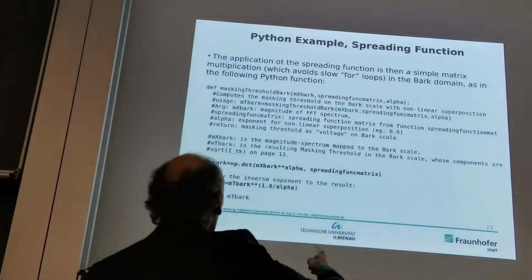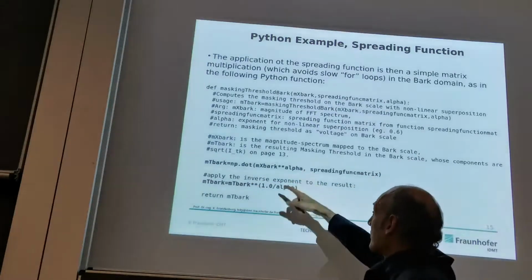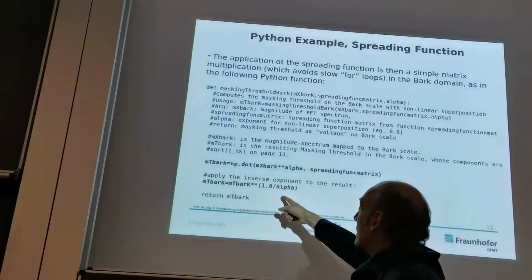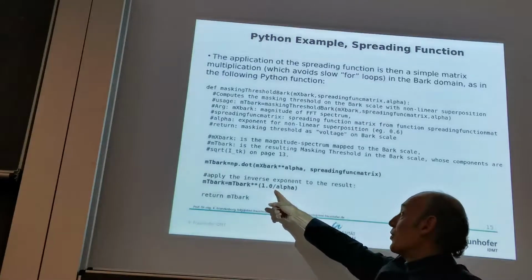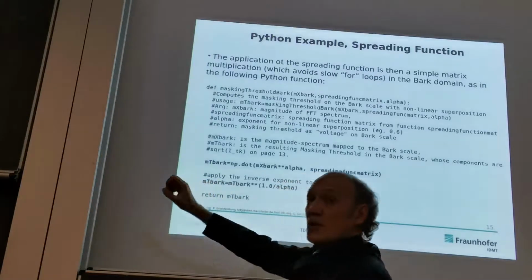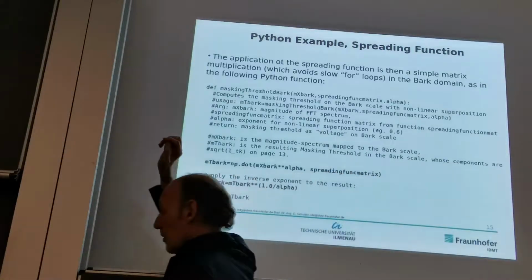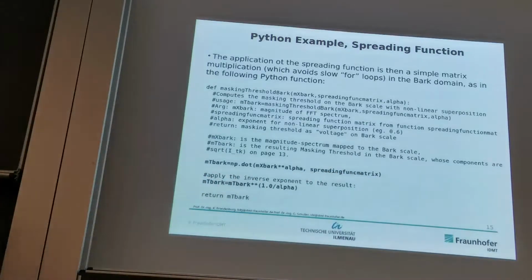And then finally we do our exponentiation with 1 over alpha. This vector, mt bar, contains our threshold for this block in the Barbed domain. Make sense?